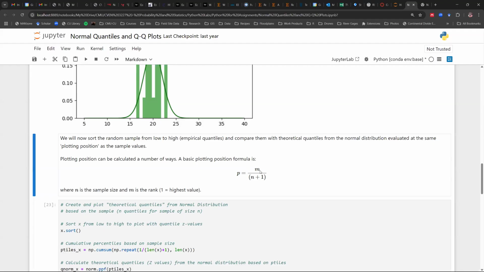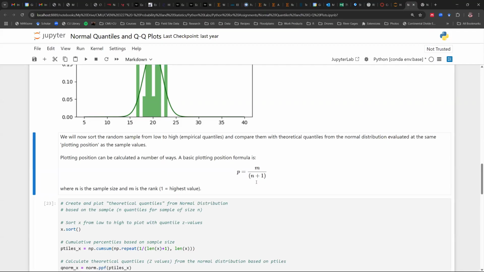So m is rank, where 1 is associated with the highest value in the sorted data, and then we're just dividing it by n plus 1. So the probability is really basically just rank 1, 2, 3, 4, 5, etc., divided by n plus 1.